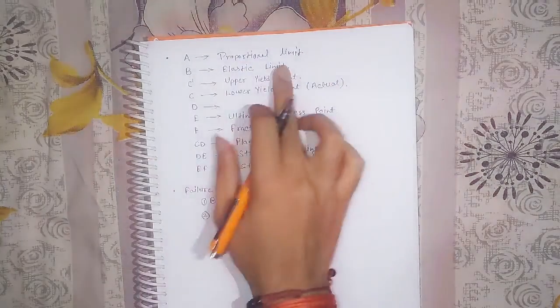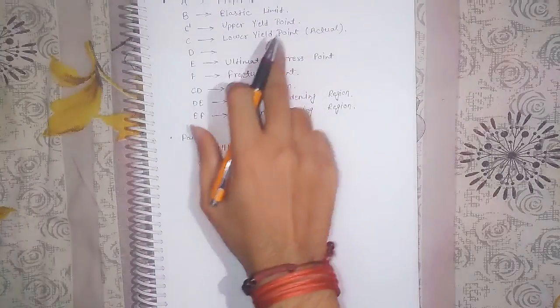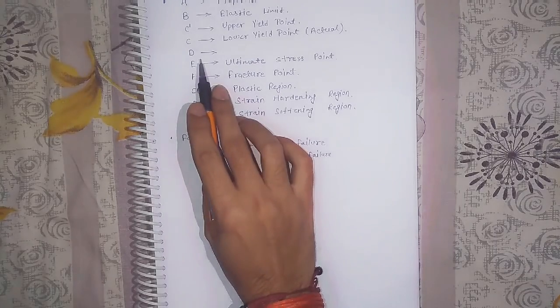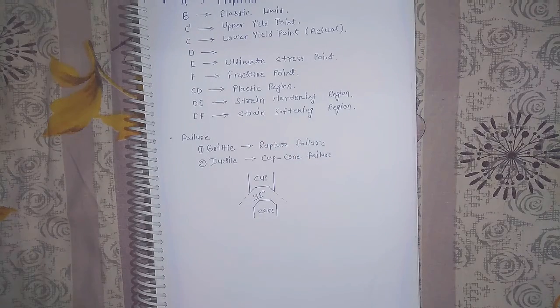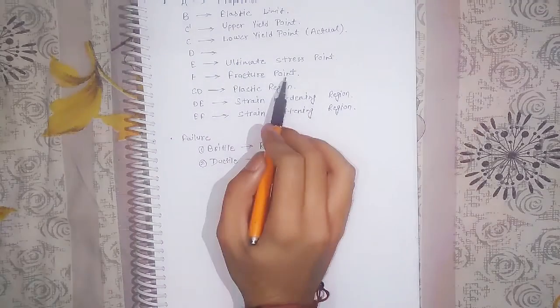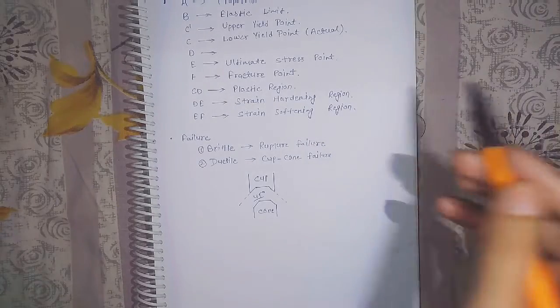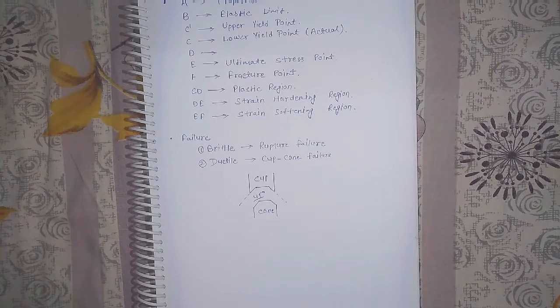This dip is for the zigzag path. CD is the plastic region, D to E is the strain hardening region, then EF is the strain softening region.